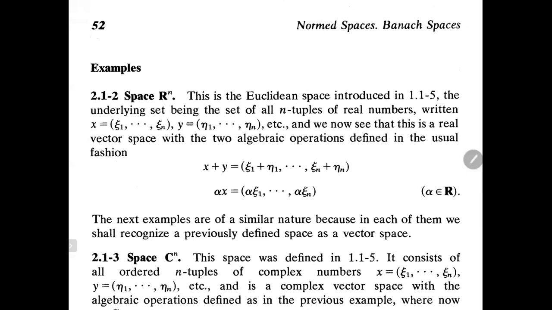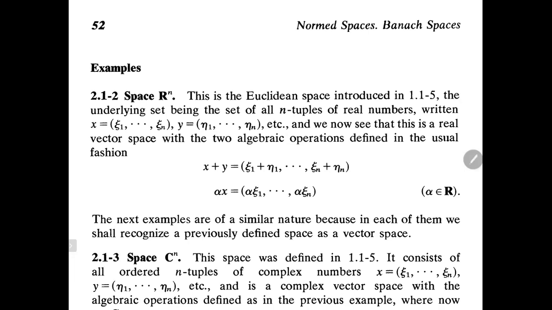Space Rn, we already have discussed this space. This is a Euclidean space. Every element is an n tuple. So x is an element of Rn that consists of n tuples, xi1, xi2 up to xin. y is eta1, eta2 up to eta n. So this is a vector space with the algebraic operations defined as, so you can add two n tuples.